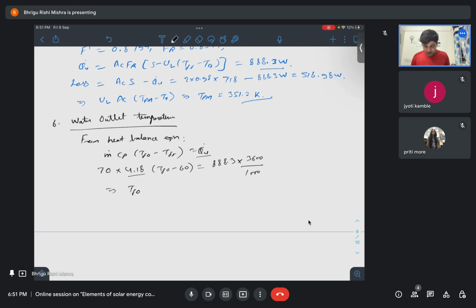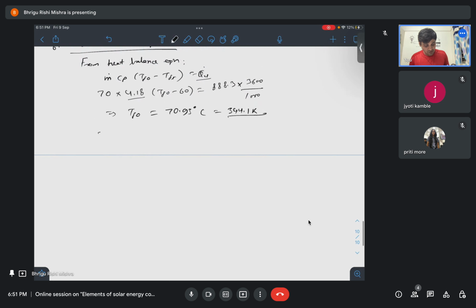you will get TFO equals 70.93 degrees centigrade, which is 344.1 Kelvin. Since TFI is 60 degrees centigrade, we are getting TFO as 70.93 degrees centigrade.